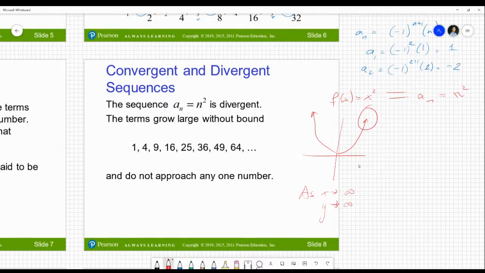Therefore, this sequence will diverge because it's heading towards infinity, not any particular number. It's the same thing over here, except we're going to draw a bunch of points to represent that parabola. Okay, so still headed to infinity.